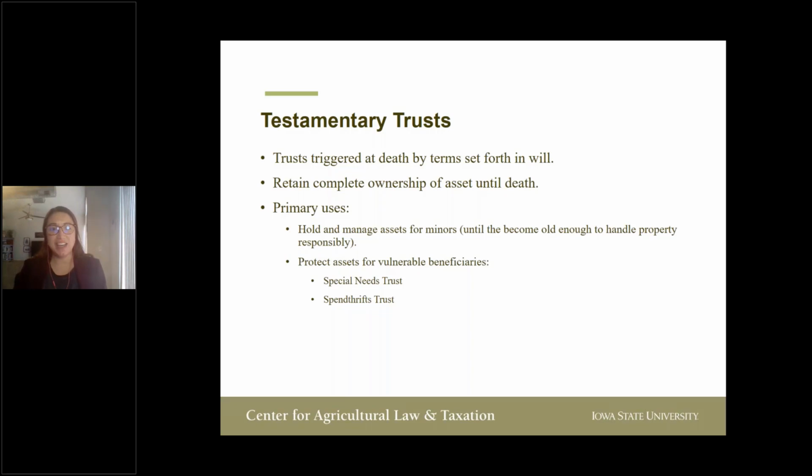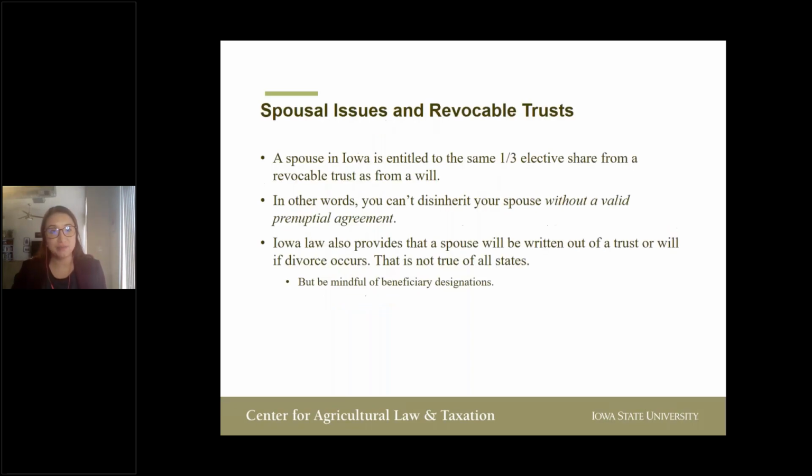So they may hold the property for themselves, but their will says that at this age, the child can have this much, and then 10 years later, they can have the rest of the asset. Testamentary trusts can also be used for special needs trusts and spendthrift trusts. These are another way to create them through a will rather than during your life.